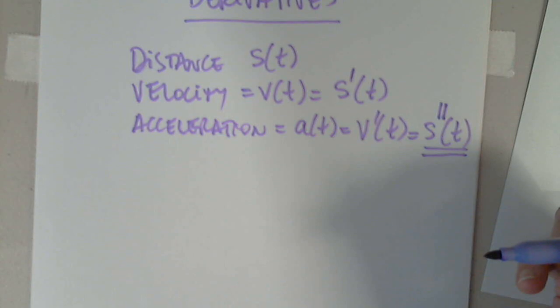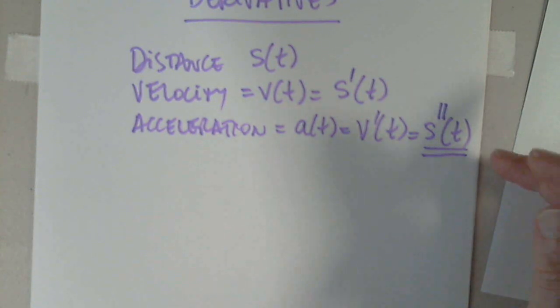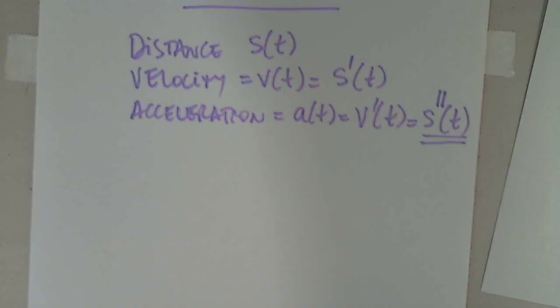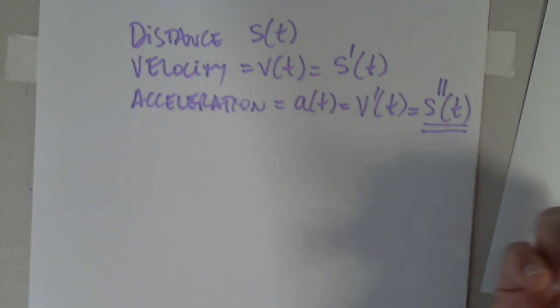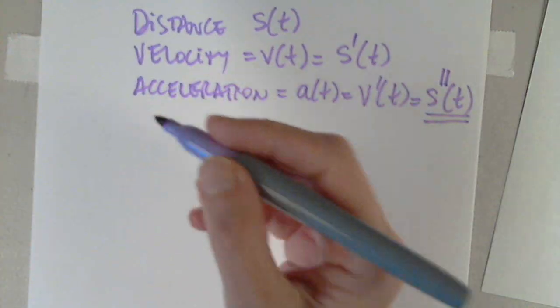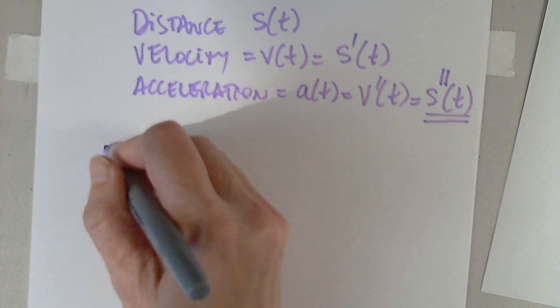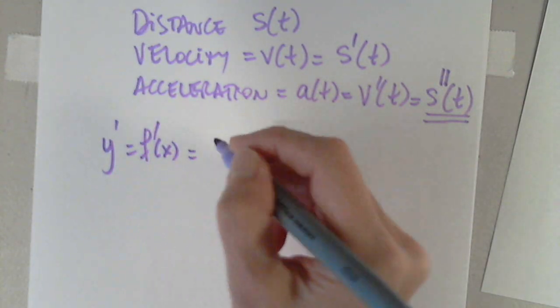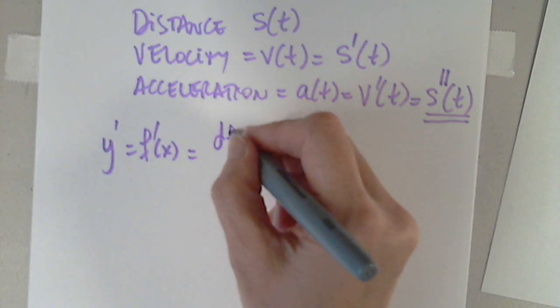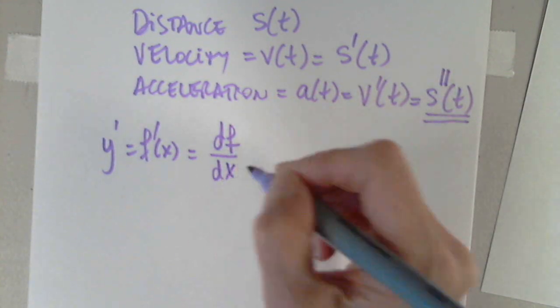Okay, so all we have to do is just work through problems using the same rules. Okay, on page 172. Of course, we have also the Leibniz notation that I used here. Let me use it again. So y prime or f prime can be denoted also by df over dx.